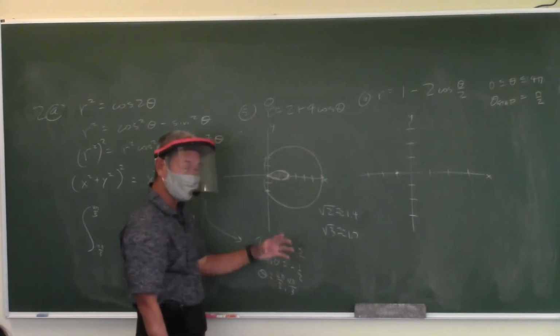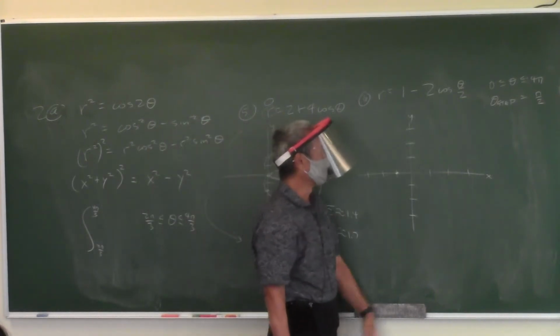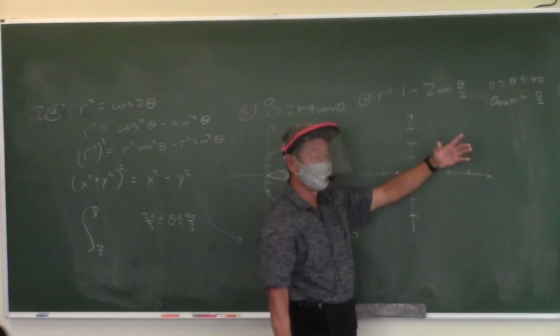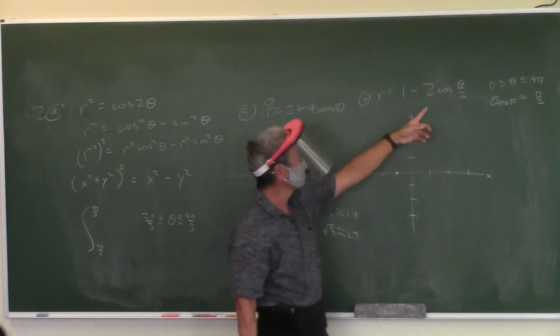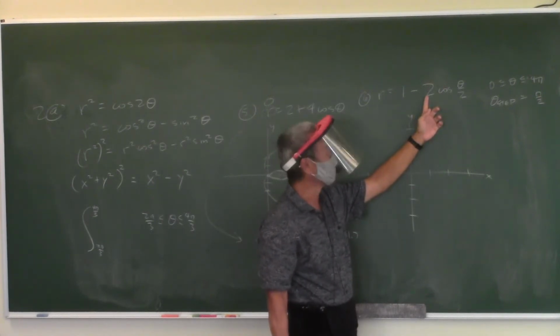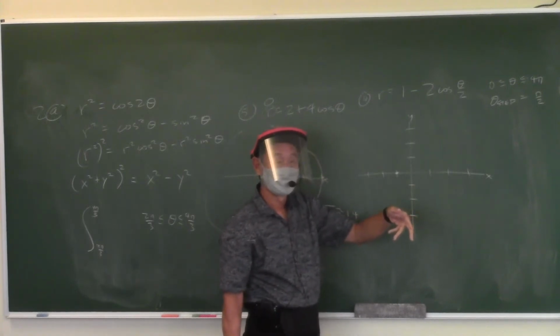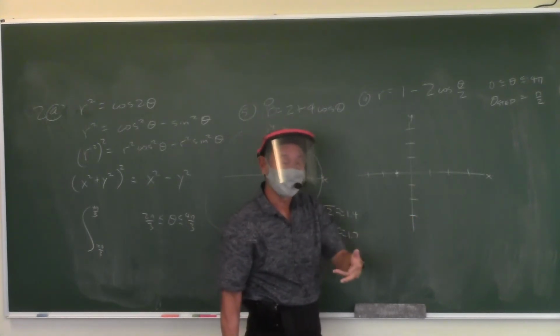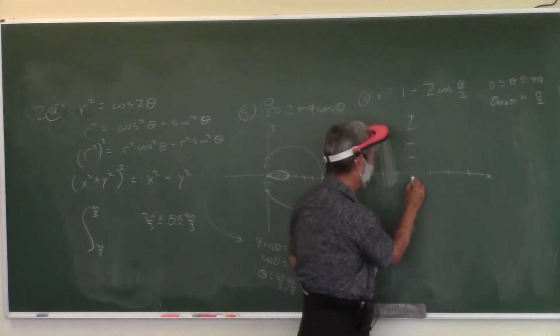You need to know this, otherwise you don't know where to put the dot. So cosine of pi over 4 is root 2 over 2, which is about what? 0.7 times 2, 1.4. 1 minus 1.4 is negative 0.4. So at pi over 2, you're going to go to negative 0.4 right there.